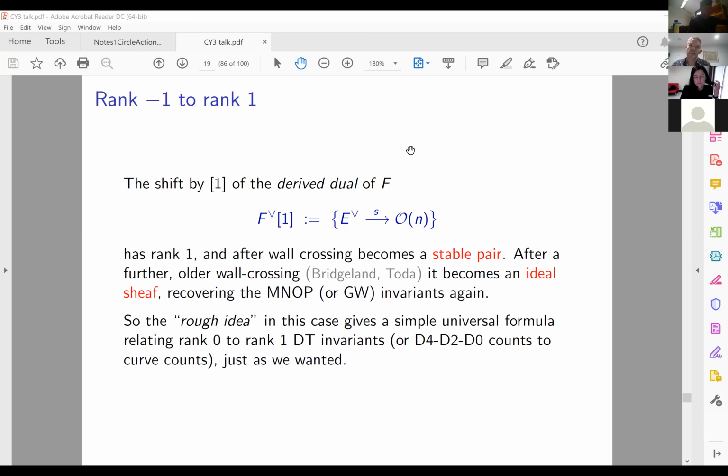So the ideal sheaf is the same as taking the structure sheaf of your subscheme with the section 1 and thinking of the ideal sheaf as the kernel of that. So expressing the ideal sheaf as the kernel of a certain quotient, that generalizes to higher rank. So instead of counting higher rank bundles on one of these ALE spaces, what you could do is count higher rank quotients.